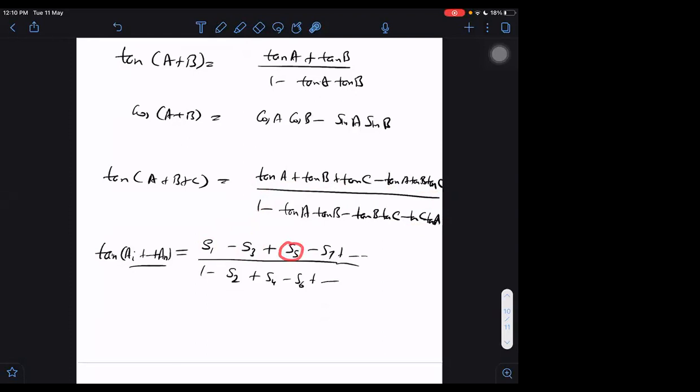This will not be applicable if the sum has only 3 angles. Then 5, 7 cannot be there, obviously. Then we have to stop up to 3. But if there are 5 angles, like A plus B plus C plus D plus E, how many angles are there? 5. Then we will go up to this term.